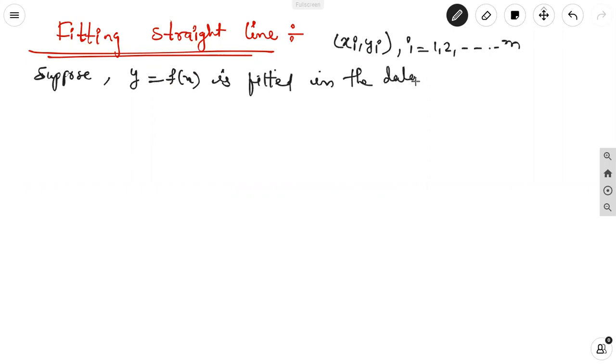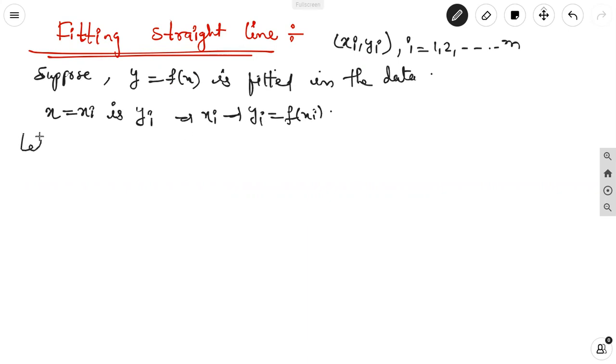Somebody has given the data, and the curve is fitted to the data. Let us observe the values at x equal to xi, which is yi. We substitute xi, and we get yi equal to f of xi, the corresponding values of the curve.